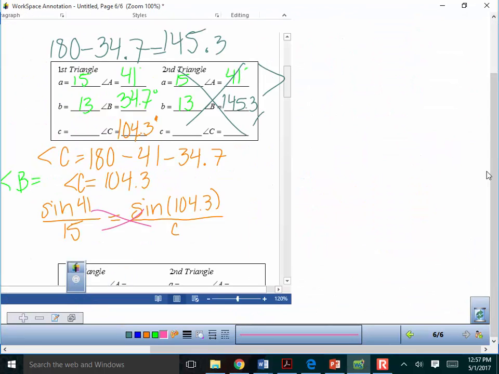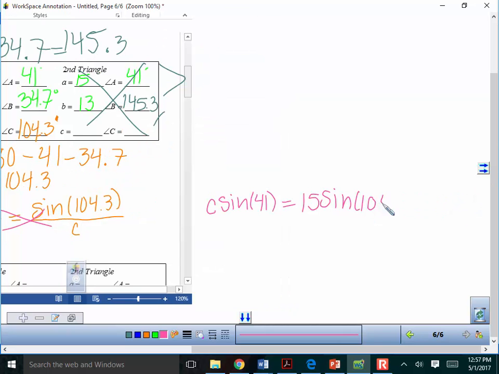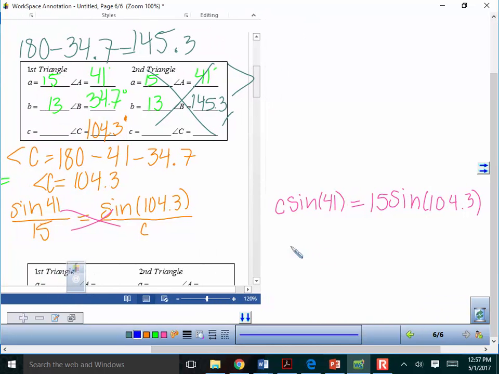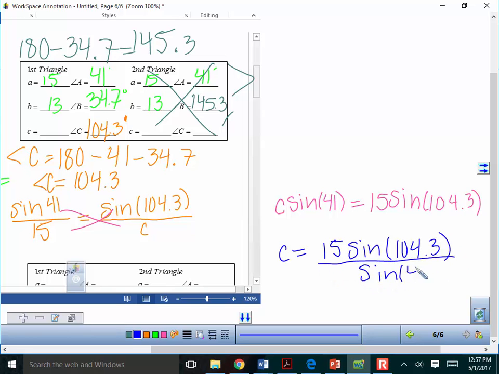And that gives us C times the sine of 41 is equal to 15 times the sine of 104.3. Right? So now we just divide both sides by the sine of 41, and we get C is equal to 15 sine of 104.3 divided by the sine of 41.